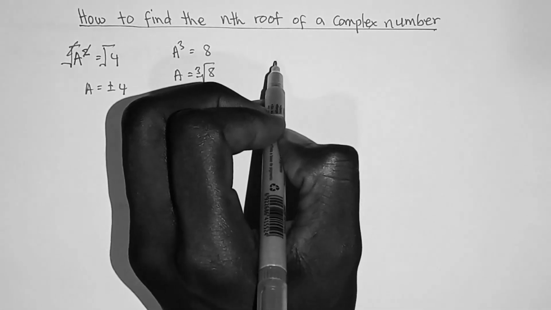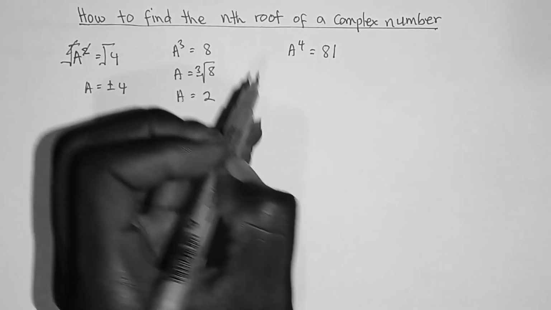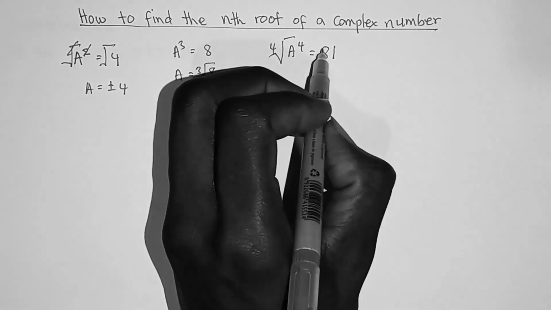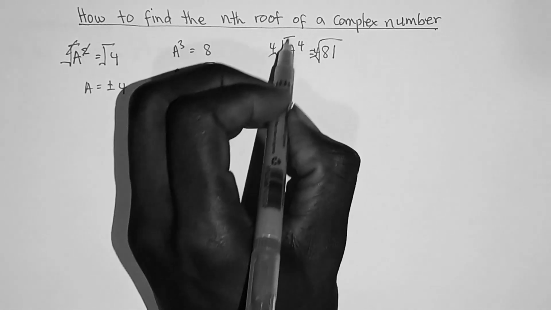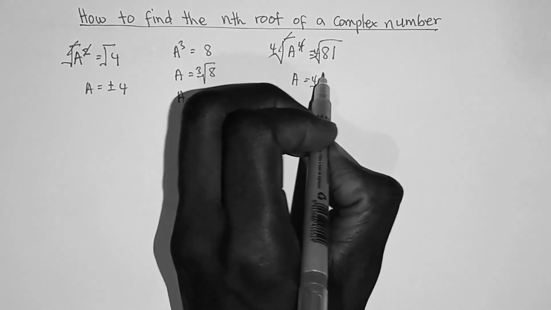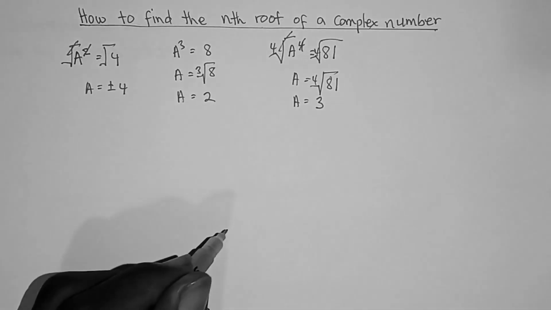In the same vein, if we have a exponent 4 is equal to 81, then we can find the fourth root of both sides. And therefore a is equal to the fourth root of 81. A is equal to 3.